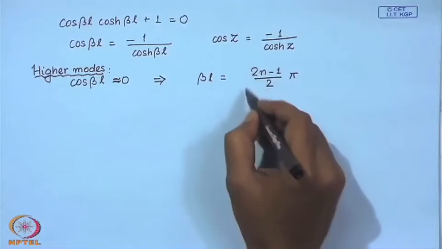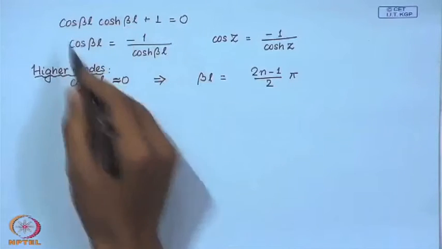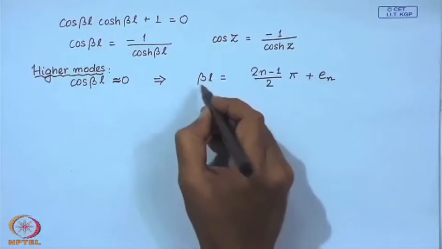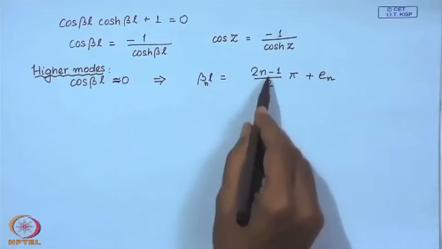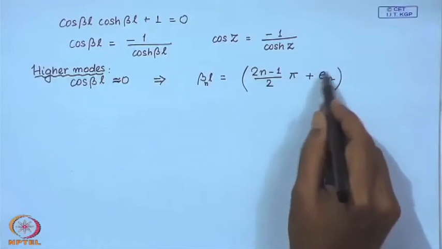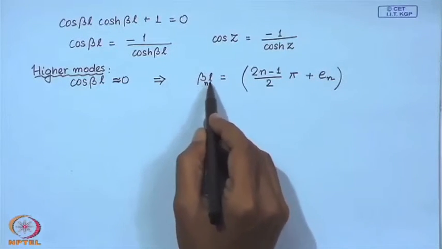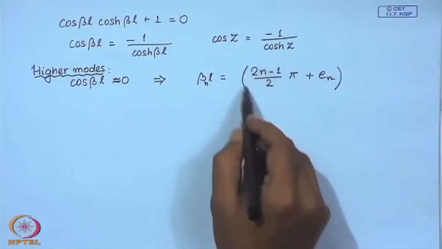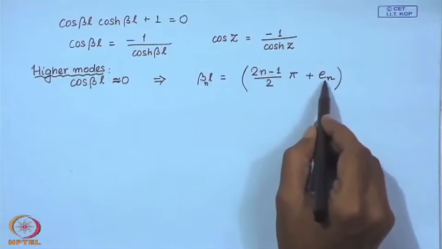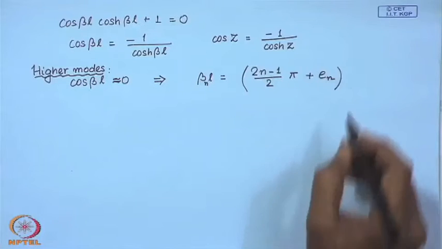Now, what I will do is, here beta gets indexed with n. So, this is some error. So, this beta into L will deviate from the zeros of cos beta L equal to 0 by these numbers E n.